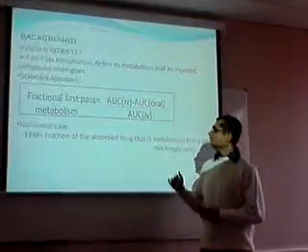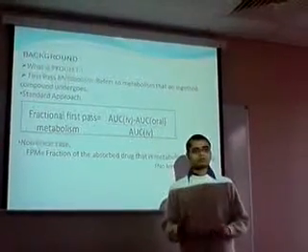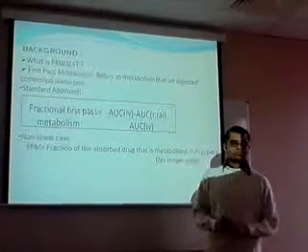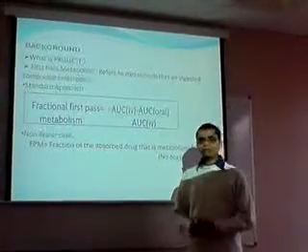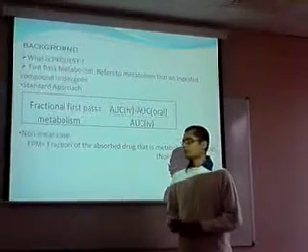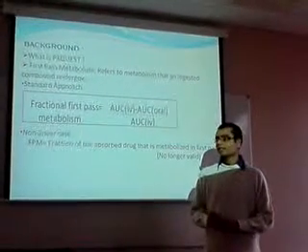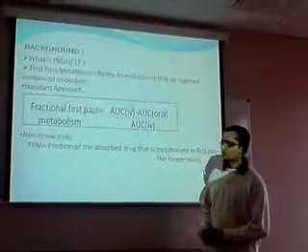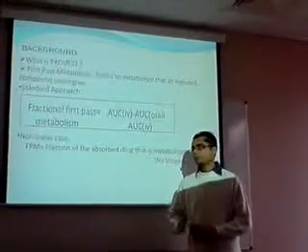So one can measure the fractional first-pass metabolism by measuring the fractional difference between these two areas. But this equation is mainly based on the assumption that the removal rate is linear. But what if the removal rate is non-linear? Then the definition of the first-pass metabolism is not valid.